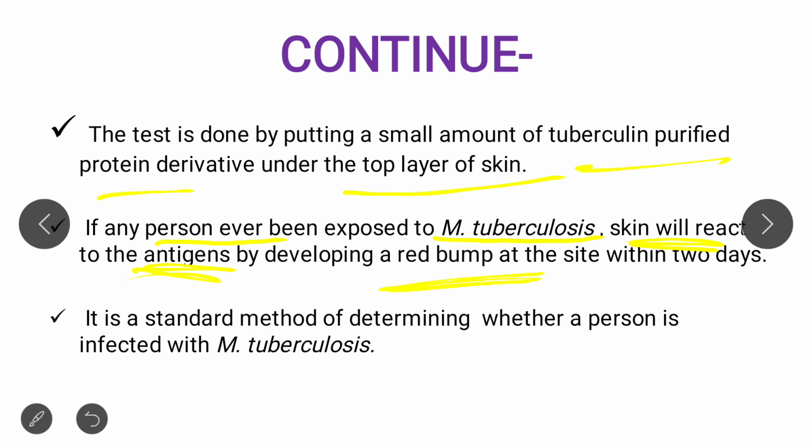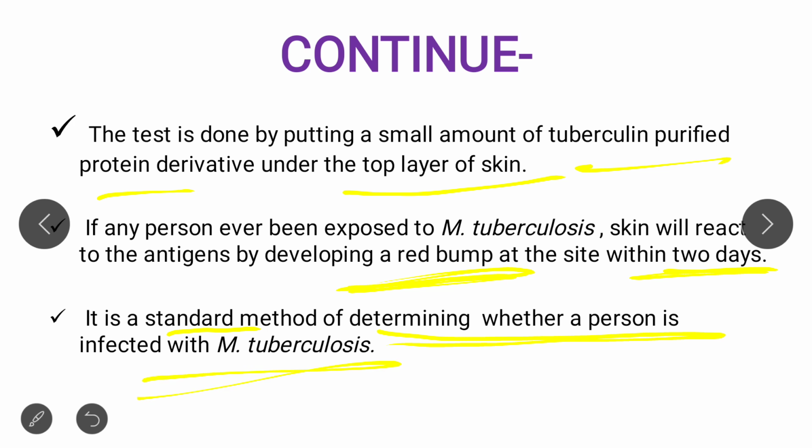So it is a standard method of determining whether a person is infected with Mycobacterium tuberculosis or not. I think now you have a clear idea about the tuberculin test. Question may be asked from this portion as well.